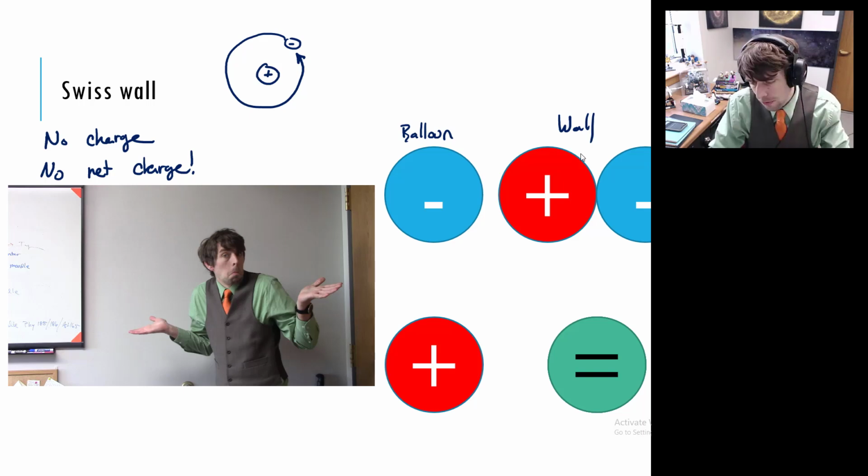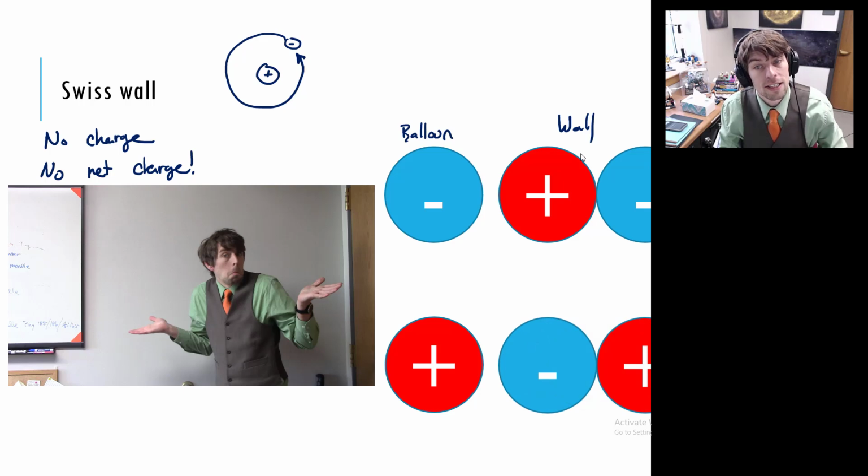But that little difference is enough to cause, again, the balloon to stick. So it doesn't matter if we charge up the balloon as a positive charge or a negative charge. When we bring it close to a neutral object, for example the wall or the ceiling, it will force the electrons either closer or further away, exposing a little bit of the charge that will allow it to stick.